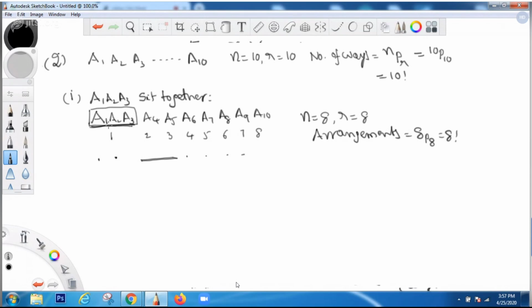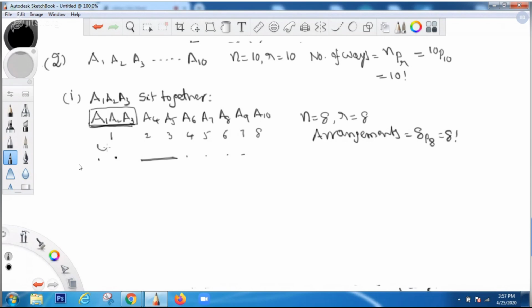How many ways can these three interchange among themselves in the 3 places? 3 persons, 3 places. How many arrangements will come here? 3P3.